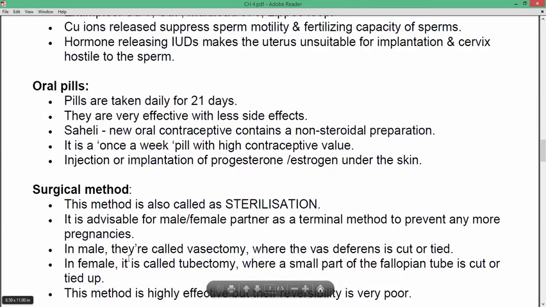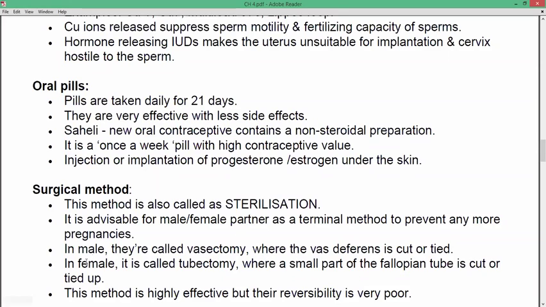In males, the vas deferens is cut or tied. As they tie or cut the vas deferens, whatever sperms are coming are not able to pass to the penis and are not ejected out.